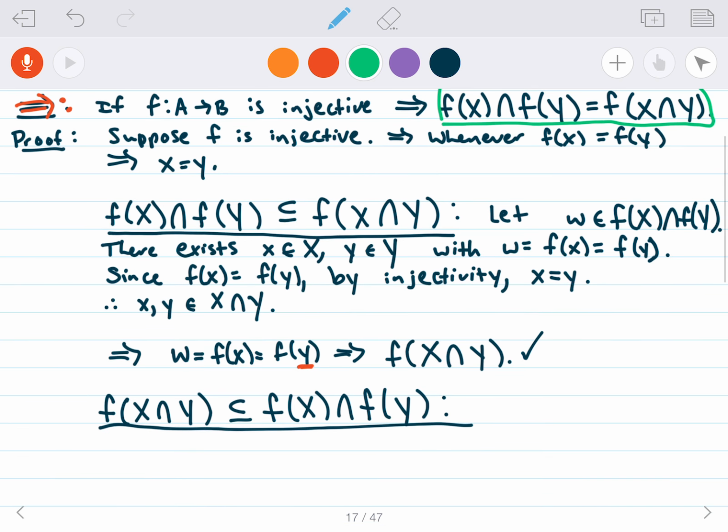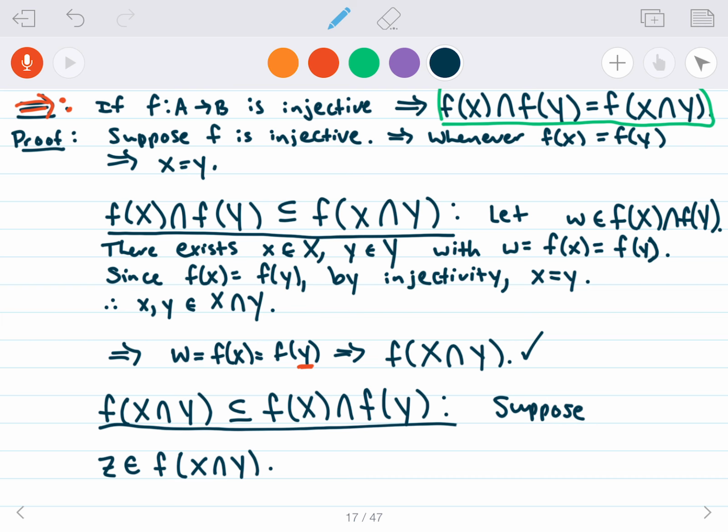Again, same story. We want to pick something in here and show that it ends up in here by our assumptions. So let's suppose that z, I'm just using a different letter here, z is in f of capital X intersect capital Y.